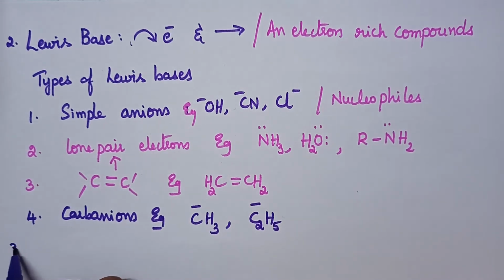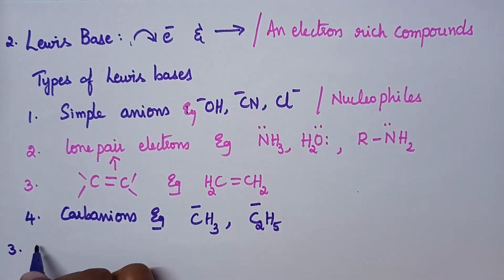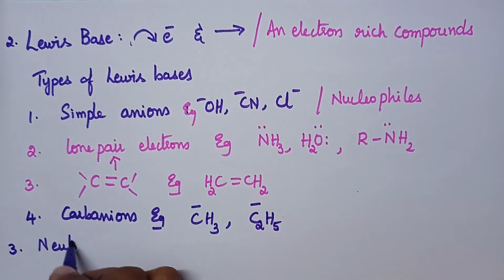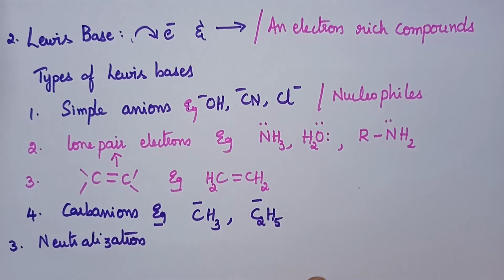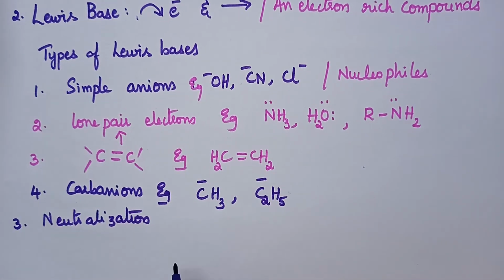Next, we will consider the neutralization reaction. So the neutralization reaction generally involves the formation of a coordination covalent bond between an acid and a base. Let us see one best example. Whenever ammonia is available, it is capable of donating the lone pair of electrons, and boron trifluoride is an electron deficient compound.